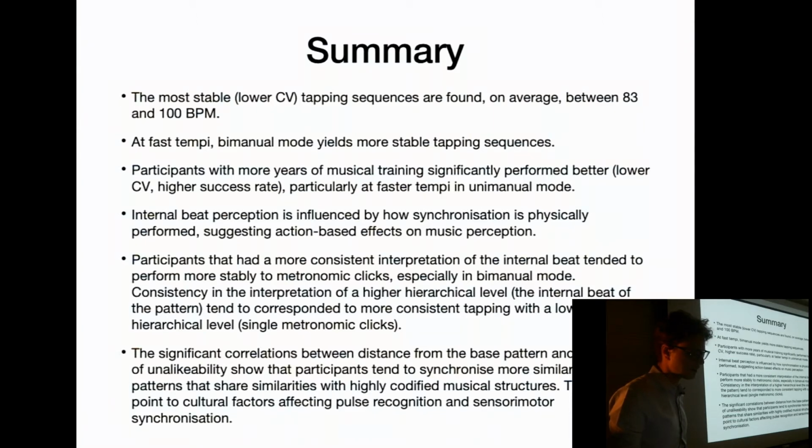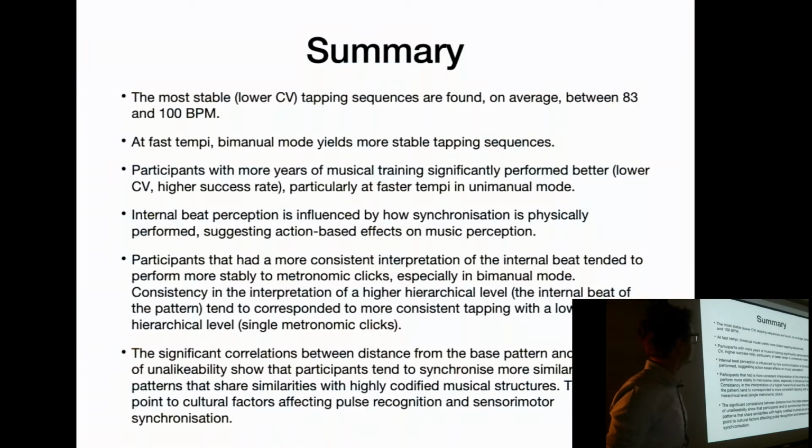And so at fast tempi, bimanual mode yields more stable tapping sequences, as shown by the results of the ANOVA and the other slides. And so, yeah, this other result, participants with more years of musical training significantly perform better. I didn't include the slides about that because of time constraints, but this will be described in detail in a hopefully upcoming journal article.